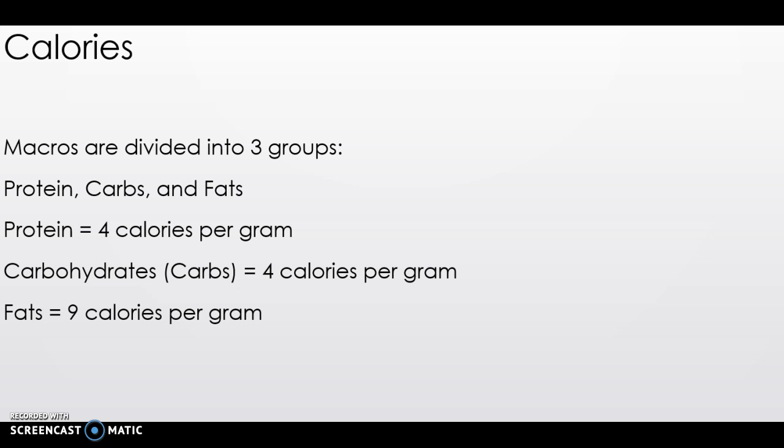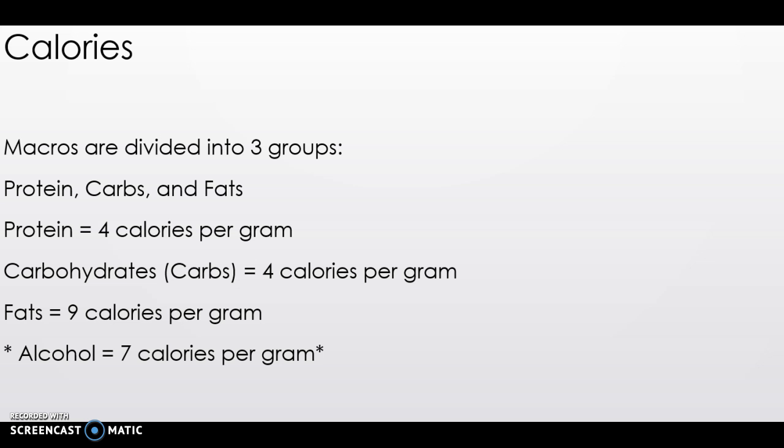So another thing that we like to talk about is alcohol. So alcohol actually does have calories. So does anybody know how many calories per gram alcohol carries? Yep, it carries 7 per gram. So I like to tell my clients, when you drink alcohol, you're essentially drinking liquid fat.